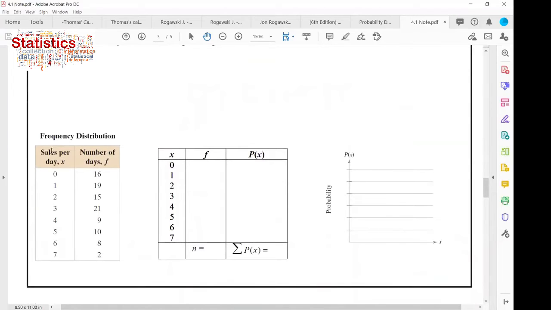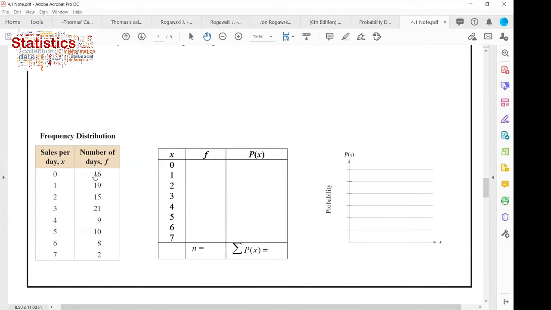As you can see, your left column is representing X values. X can be 0, no sales. X can be 1, 1 sale. X can be 2, 2 sales, 3 sales, 4 sales, 5 sales, 6 sales, and 7 sales.